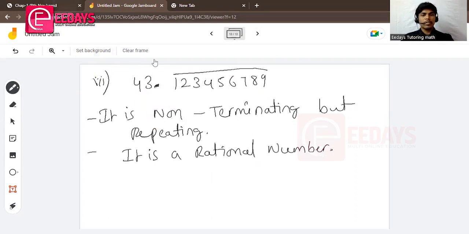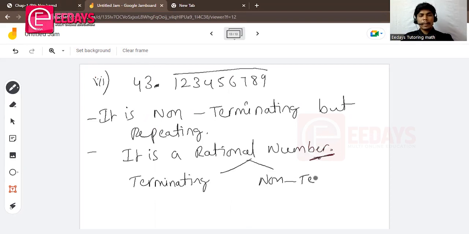In the previous concept, we learned how to convert a bar into a rational number. In the previous classes we already learned that. And the rational number conditions are: first, terminating, and second, non-terminating and recurring.